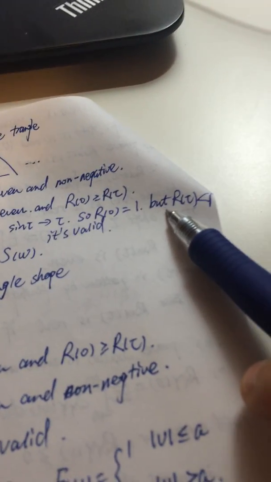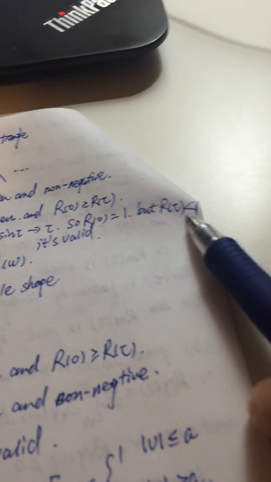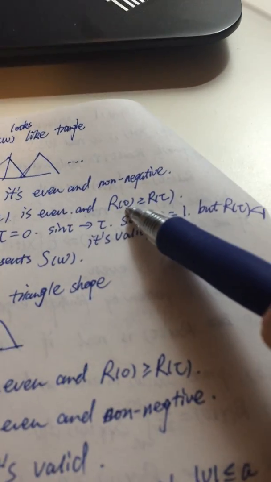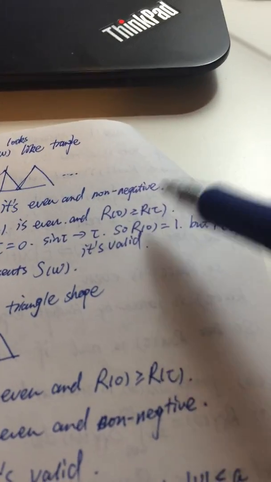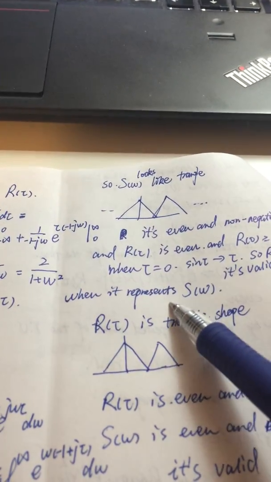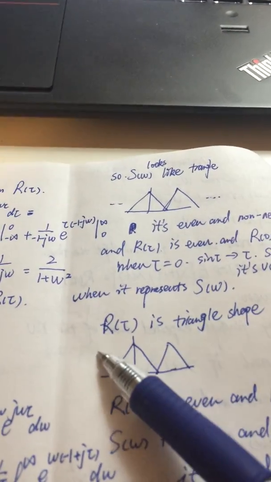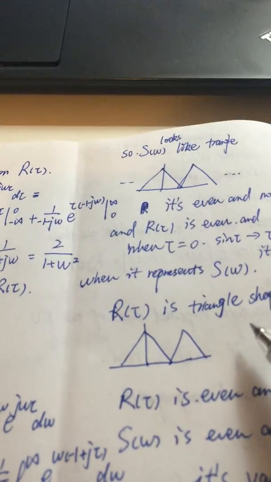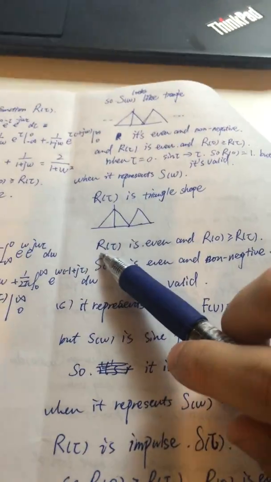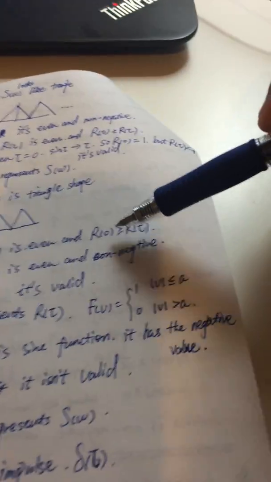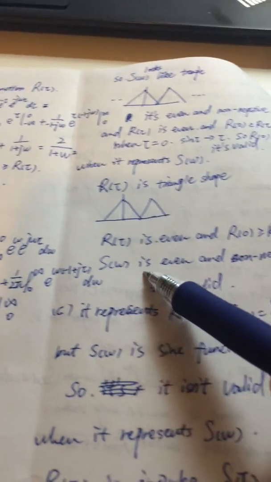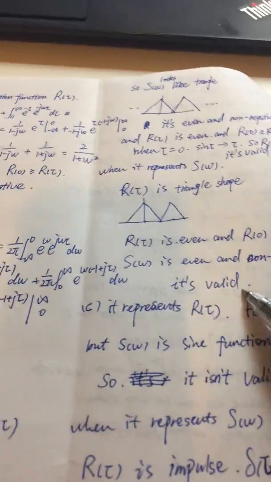But for other values of tau, it is smaller than 1. So R(0) is larger than R(tau). So it's valid. When it represents S(w), we find the autocorrelation function is a triangle as well. So the autocorrelation function is even and fulfills this formula, and the spectrum is even and non-negative. It's valid as well.